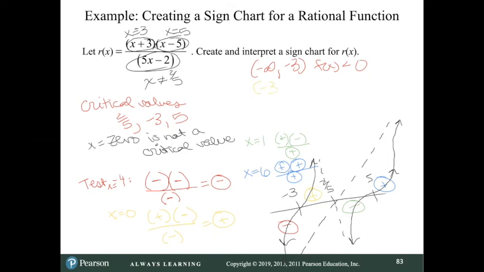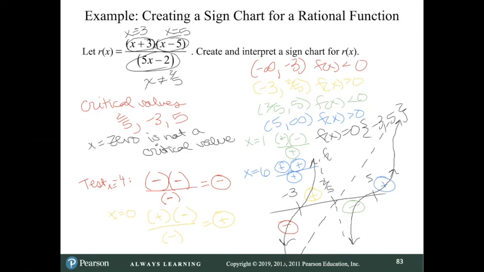Between negative 3 and 2/5, f of x is positive. Between 2/5 and 5, f of x is negative. And between 5 and infinity, f of x is positive. And lastly, f of x is 0 at negative 3 and 5. And we can say f of x is undefined for 2/5.